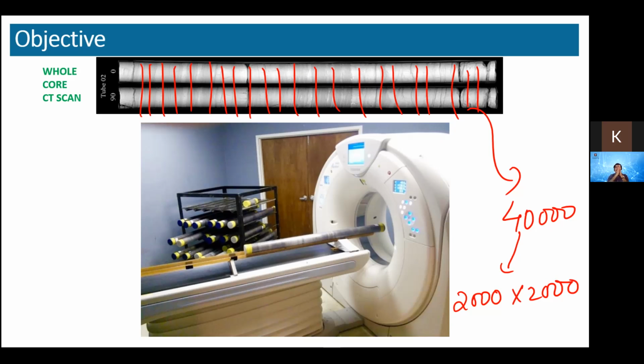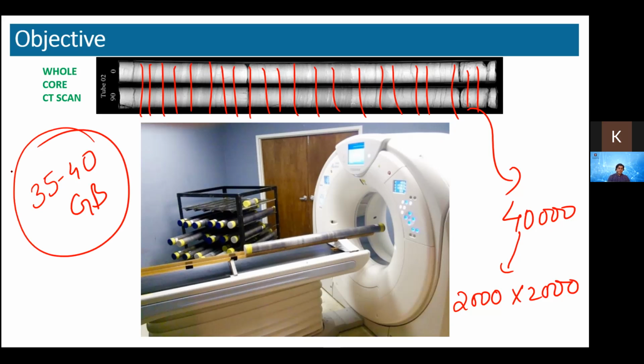We combine the slices to get the whole core CT scan. Each of the 40,000 slices is 2000 by 2000 pixels. So this entire data set was close to around 35 to 40 GB.